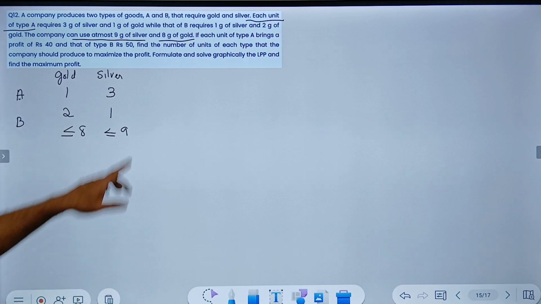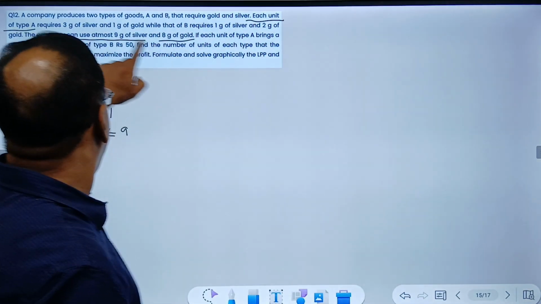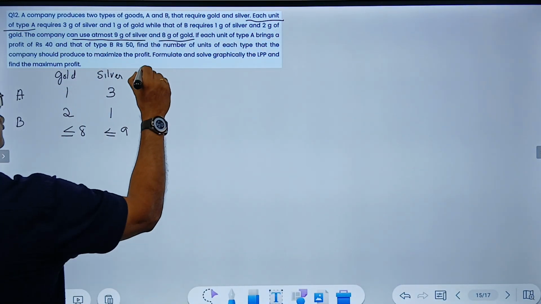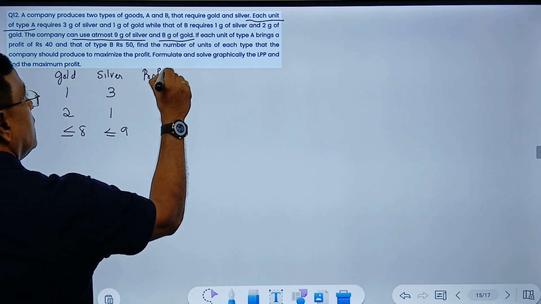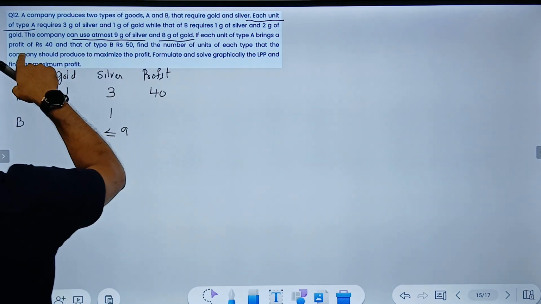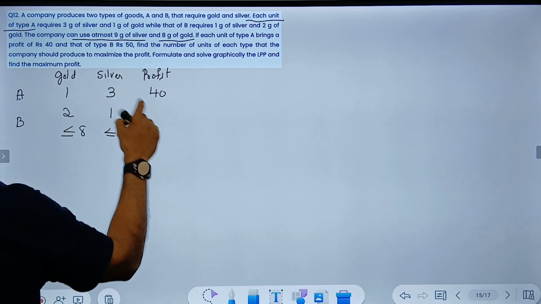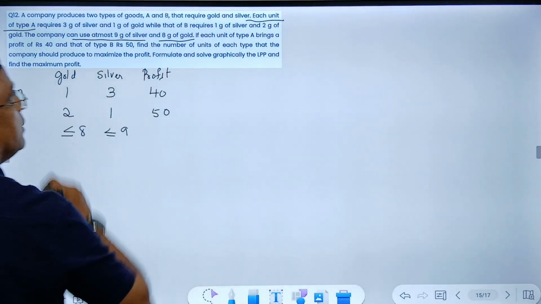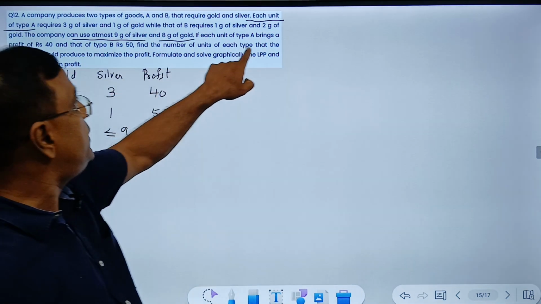Correct? If each unit of A brings a profit, so here you are talking about profit. Profit is rupees 40 and type B is 50. Find the number of units of each type.